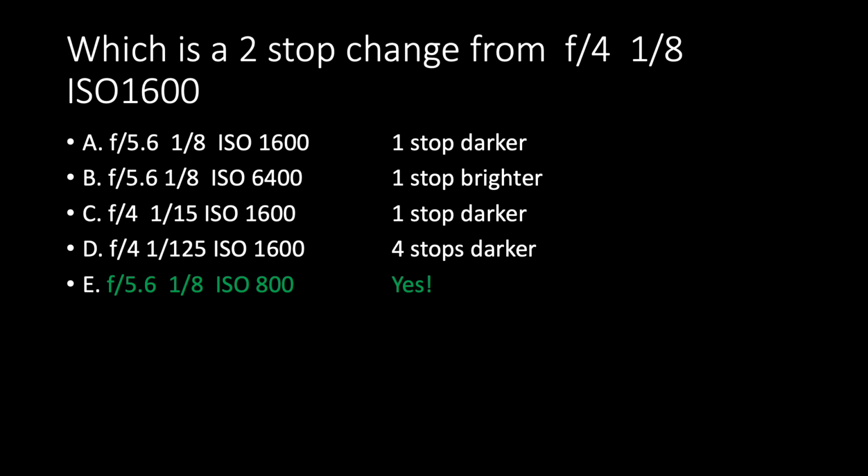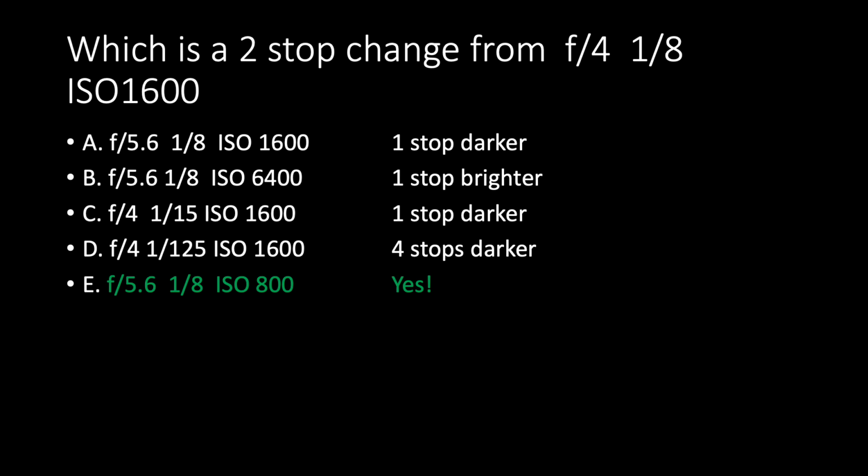Our ISO stays the same, making this a 4-stop darker change. Looking at answer E, our f-stop goes from 4 to 5.6. That's 1 stop darker. Our shutter speed stays the same. And our ISO goes from 1600 to 800, which is another 1 stop darker change. So we have a net change here of 2 stops.